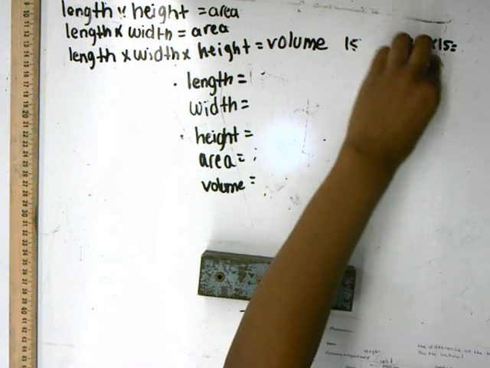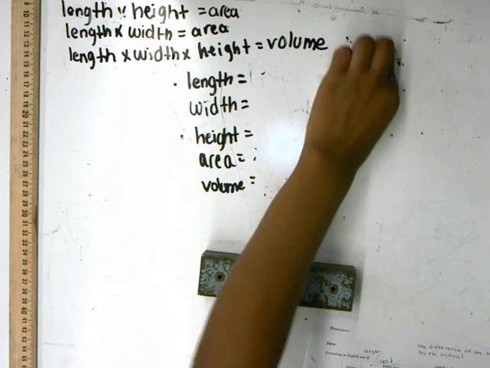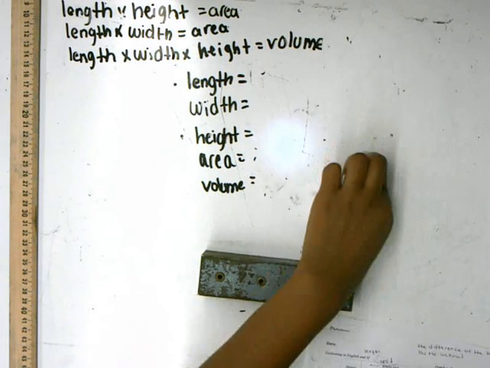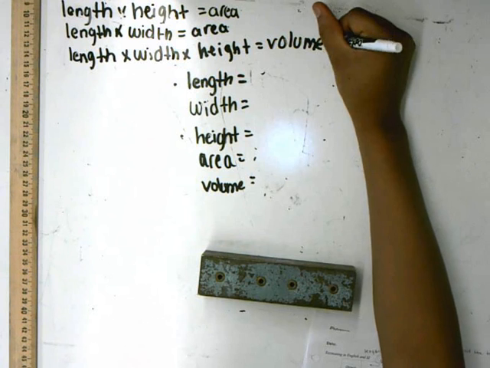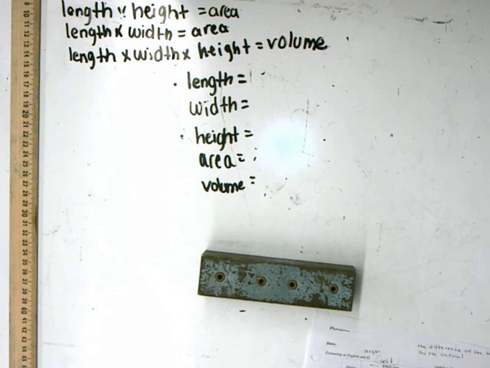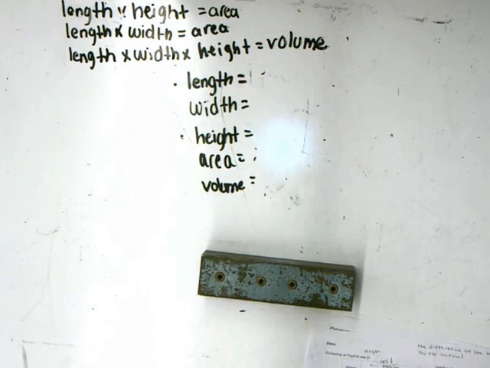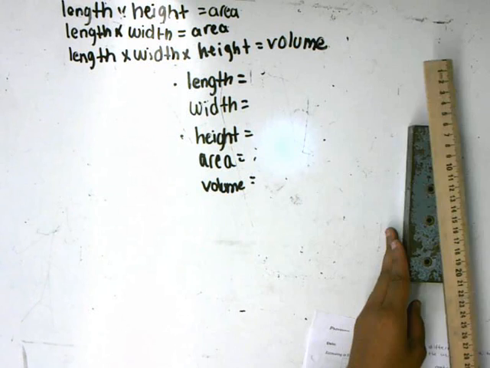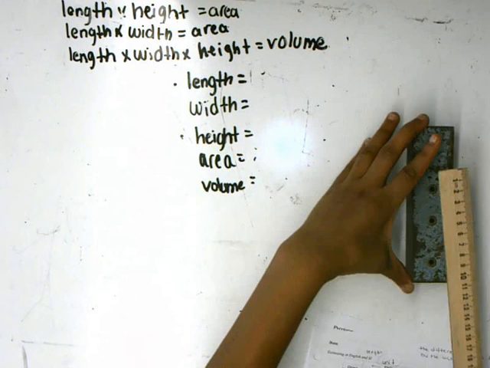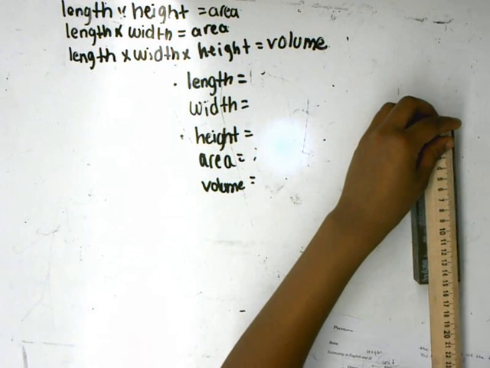And now I'm going to use my meter stick and find the actual length of the object. And the actual length of the object is 15.